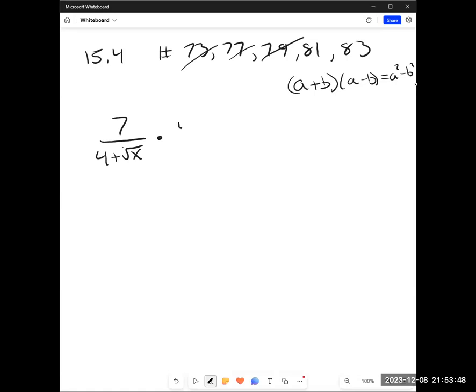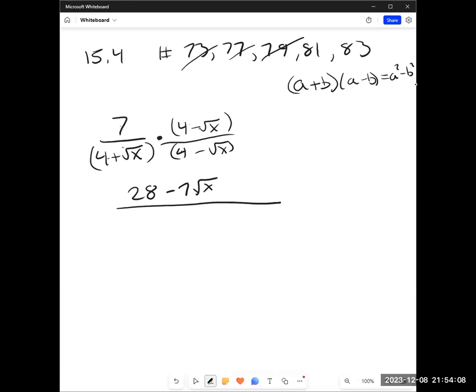We're going to multiply by 4 minus root x over 4 minus root x, which is that conjugate pair. 7 times 4 is going to give me 28. 7 times a negative 1 is going to give me a negative 7 times the square root of x. 4 times 4 is going to give me 16. And this is going to be minus x.